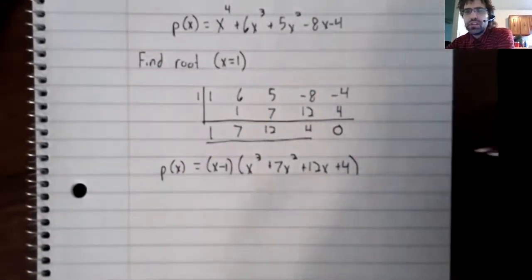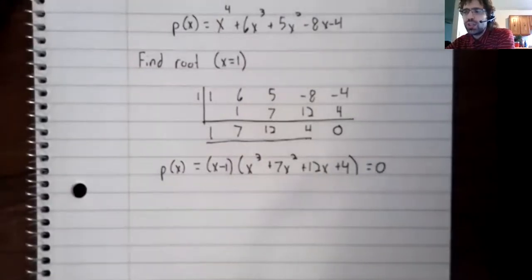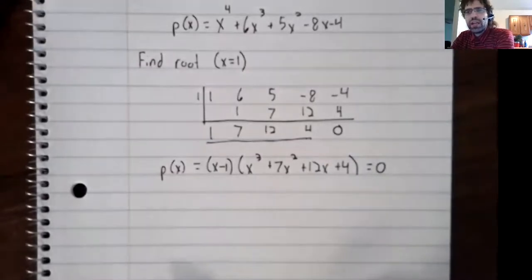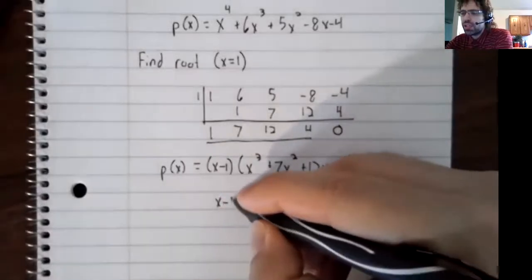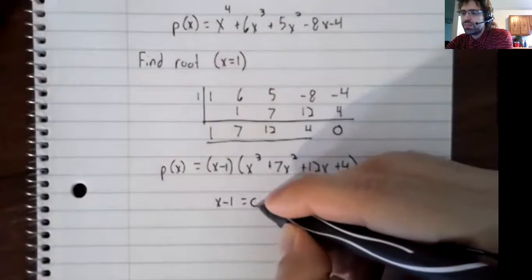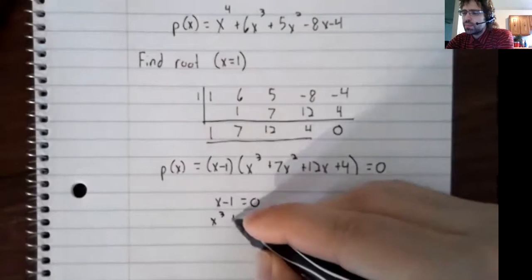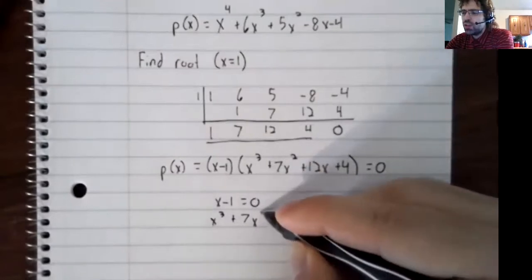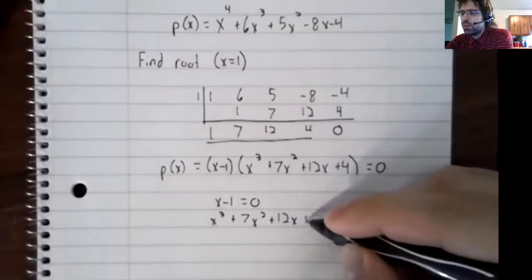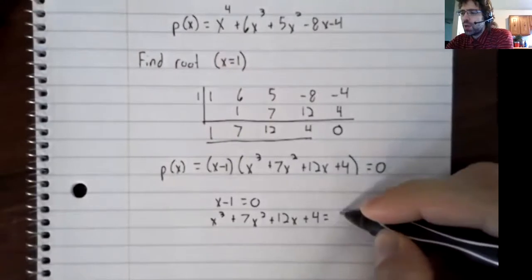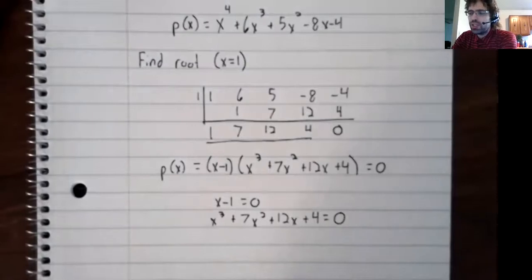Now we set this equal to 0, and the so-called zero product property tells us that if a product is equal to 0, one of the terms in the product is equal to 0.